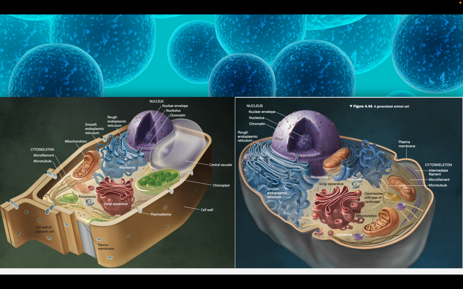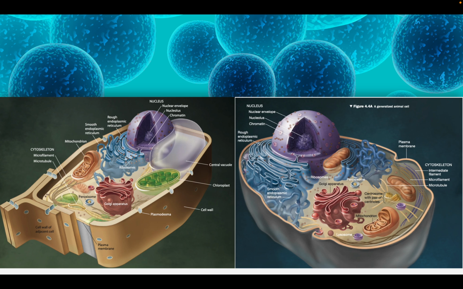Next, we have the endoplasmic reticulum. So this is the rough and smooth endoplasmic reticulum. It is a network of membranes involved in protein and lipid synthesis. It can be rough with ribosomes or smooth without ribosomes. And each type has distinct functions.